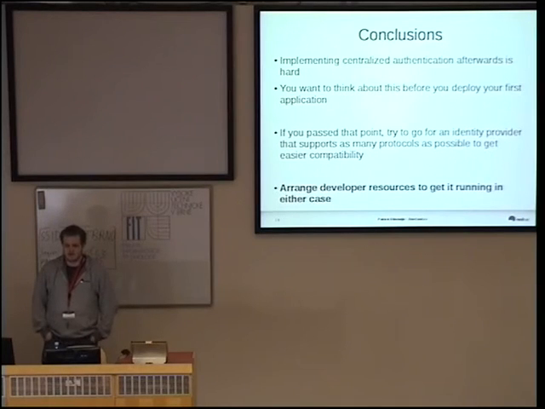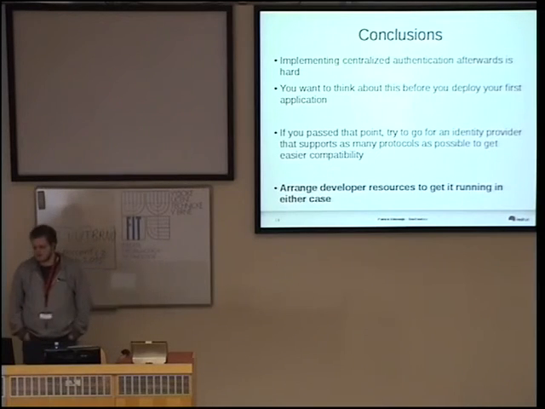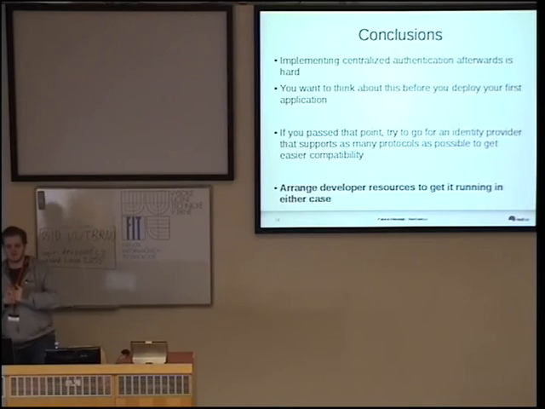So if you actually started, try using an identity provider that supports as many protocols as you probably need, since most protocols are not competing with each other, as in they can run safely side by side. So we run OpenID, Persona, and SAML all side by side, and applications can use whatever they want in Fedora.